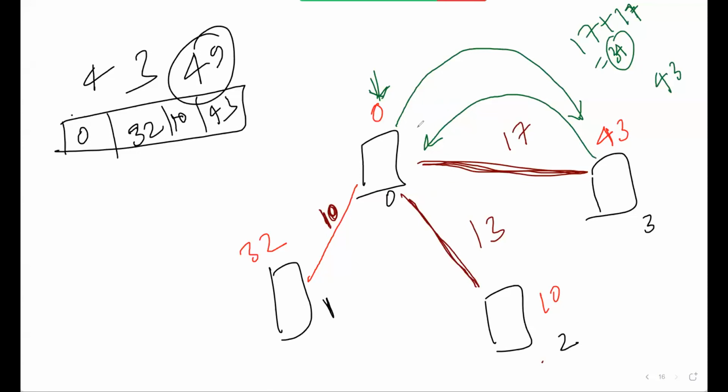Okay, can you tell me the answer for this? What is the maximum beauty that you can get? 43. Yes. So the maximum beauty that we can get is 43.